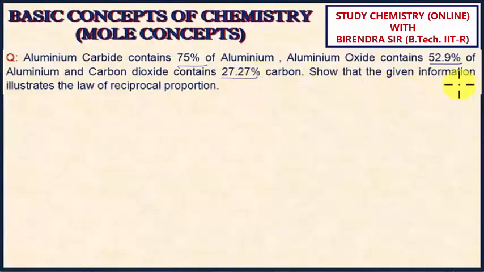Show that the given information illustrates the law of reciprocal proportions. If I take first two elements as carbon and oxygen, and the third element as aluminium. The purpose of making this triangle is you can take any two elements as first element, and this way you will get the third element.